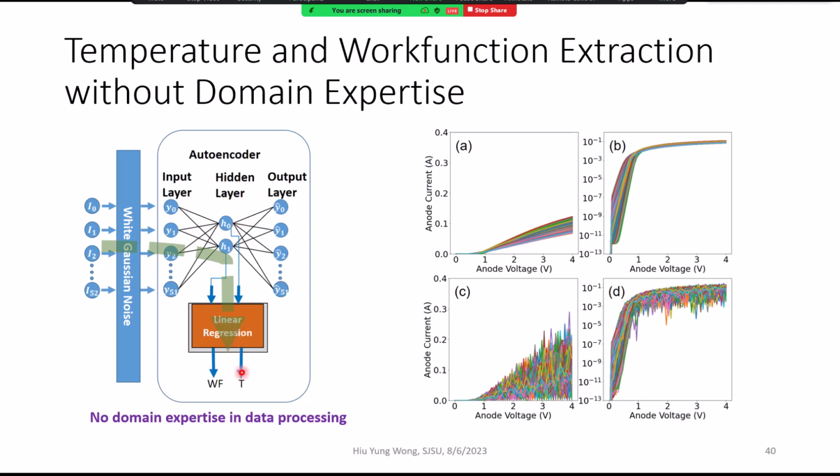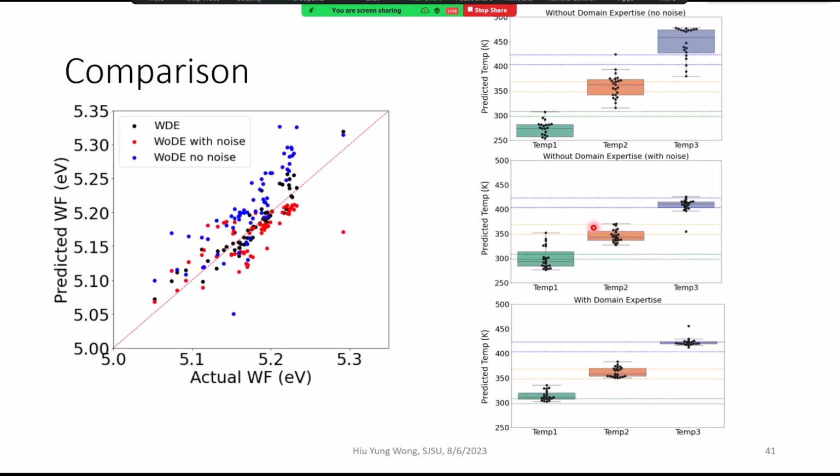We do linear regression and then get the work function and temperature. So when you have an experimental curve, you come directly to here, go through this layer, and predict the work function and temperature. Here, just to show you, these are the simulation data, and this is what we have after adding the noise. Now let's look at the result.